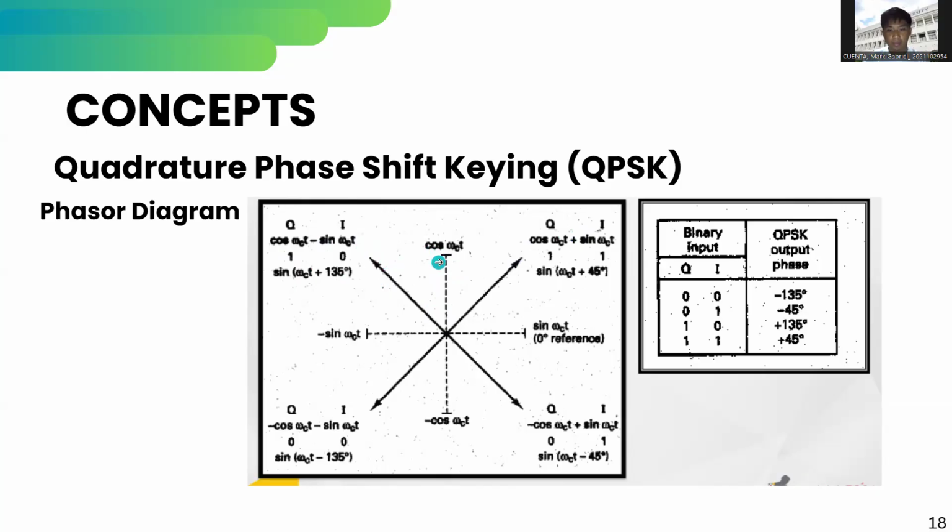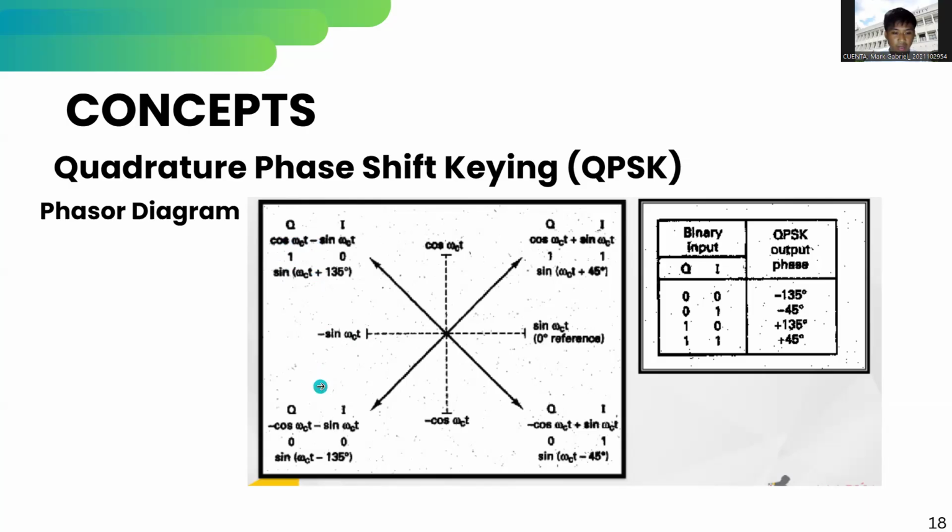Here in the phasor diagram, we can see the different outputs. For the 1 1, which is positive x and positive y, we have positive cosine omega ct plus sine omega ct. In this, we assume a 90-degree phase shift. For the 1 0, a positive x and a negative y, we have cosine omega ct minus sine omega ct.